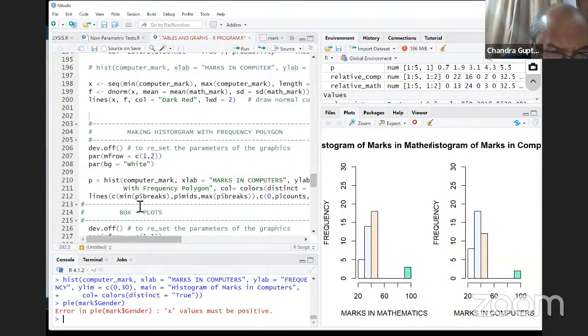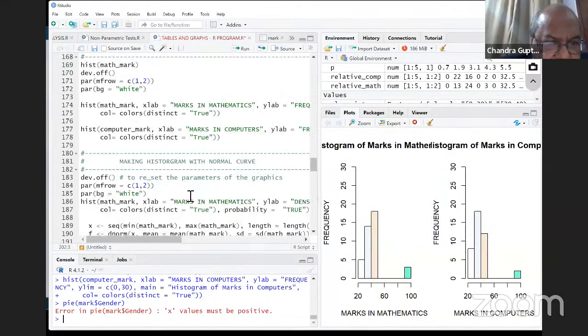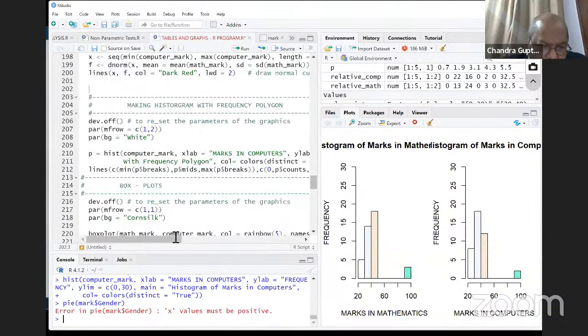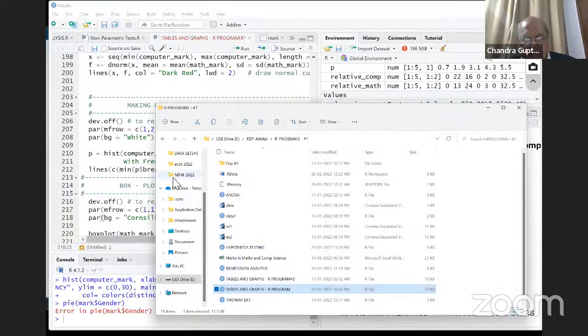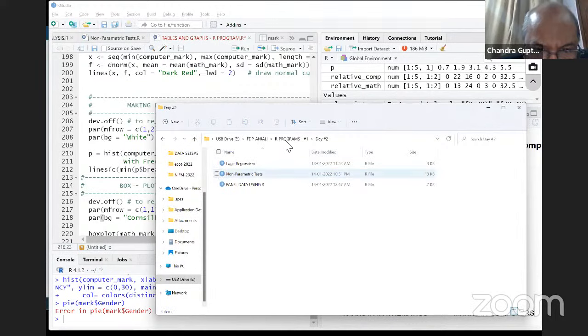I think I have to convert them into numbers. It's not taking numeric string value. So I think I have to convert them into number. Then it will take it. Let me check if I have the data. It's not necessary. I will show you.